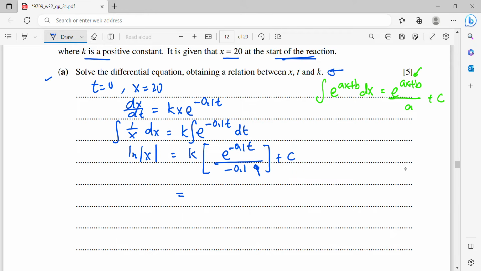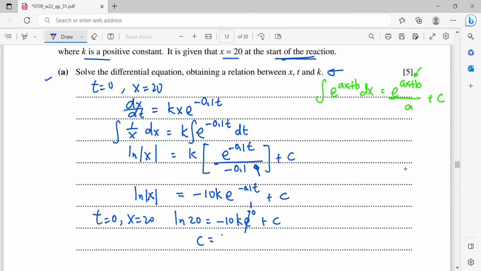So when I multiply with the k, I will be getting negative 10k exponential, then plus c. Okay, so now replace t by 0 and x by 20. I will get ln 20 is negative 10k e power 0 plus c. So e power 0 is 1. Therefore, my c is ln 20 plus 10k.